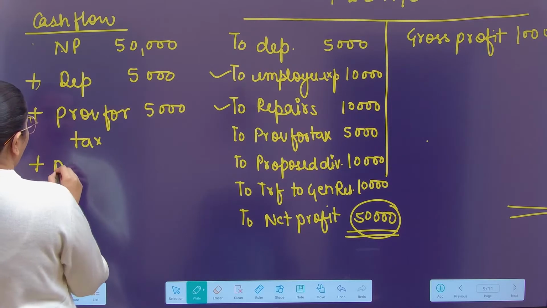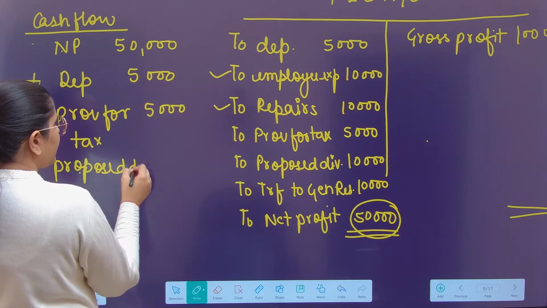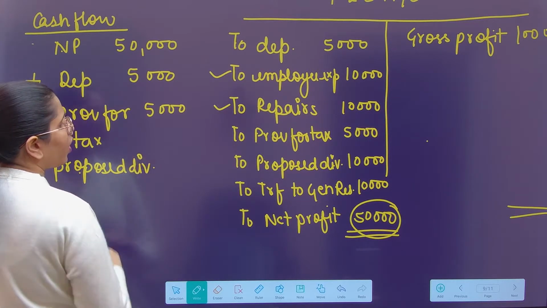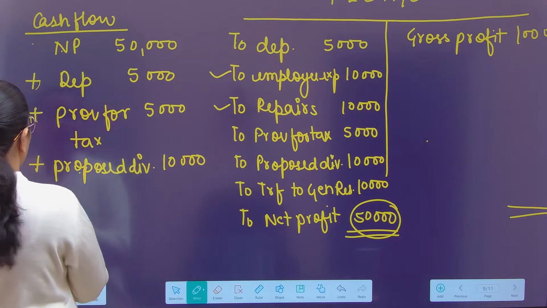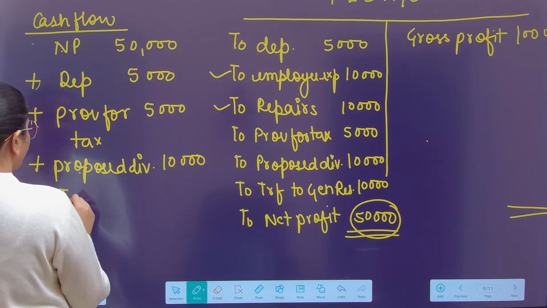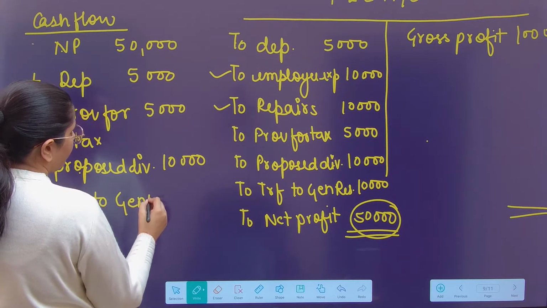Proposed dividend: first, you have not paid that in cash, and next, it is a financing activity, not an operating activity. So you will add back 10,000. Then transferring to general reserve is not an expense, it is just an allocation of profit.